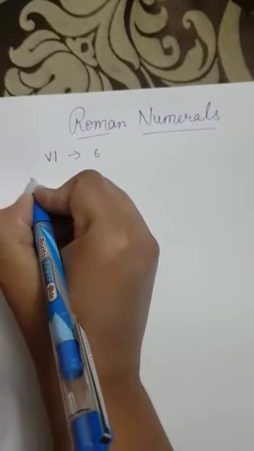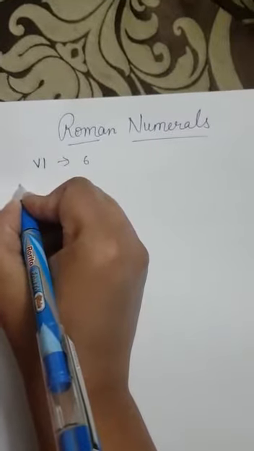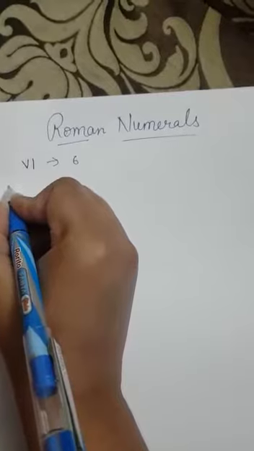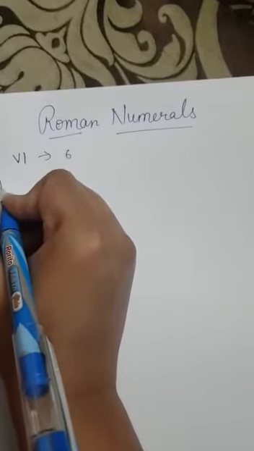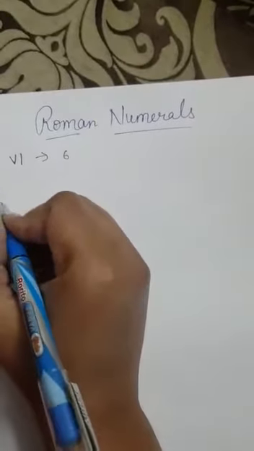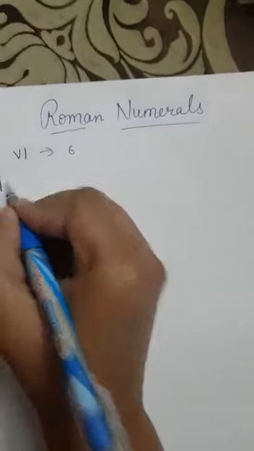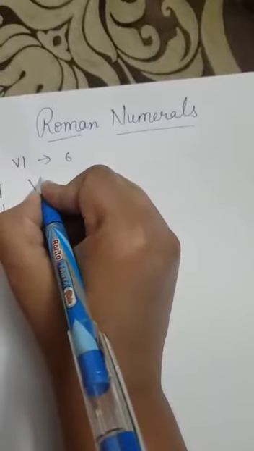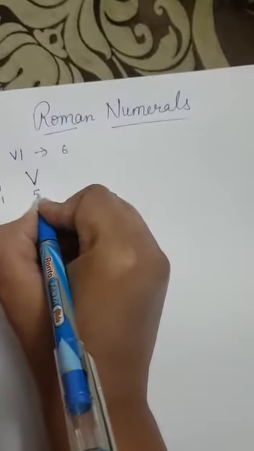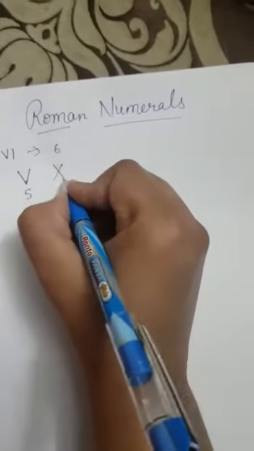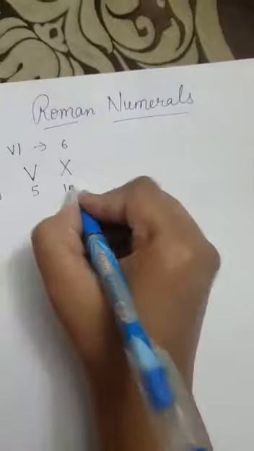Roman numerals. There are a few symbols which the Romans used to write to frame the numbers. For 1 they used to write I. Then V, that is for 5. Then X, that is for 10.